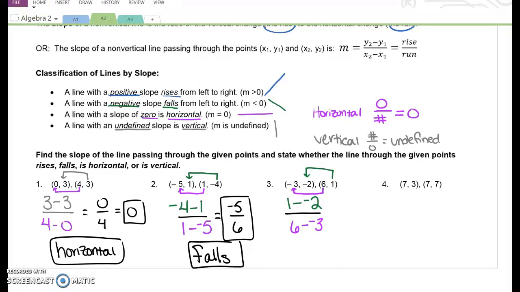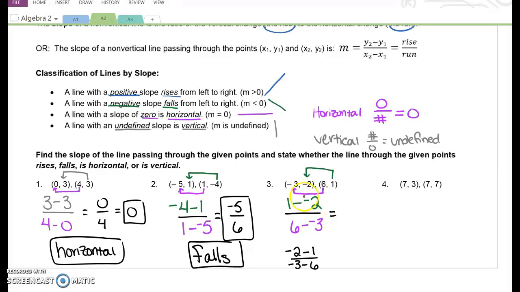If I had decided to do that in the different order, if I want to do the first point minus the second point, I would have to do negative 2 minus 1 over negative 3 minus 6. Do you see how you have to use the same direction on both the top and the bottom? The direction that you use doesn't matter as long as you match the top and the bottom. Use the same direction both times.